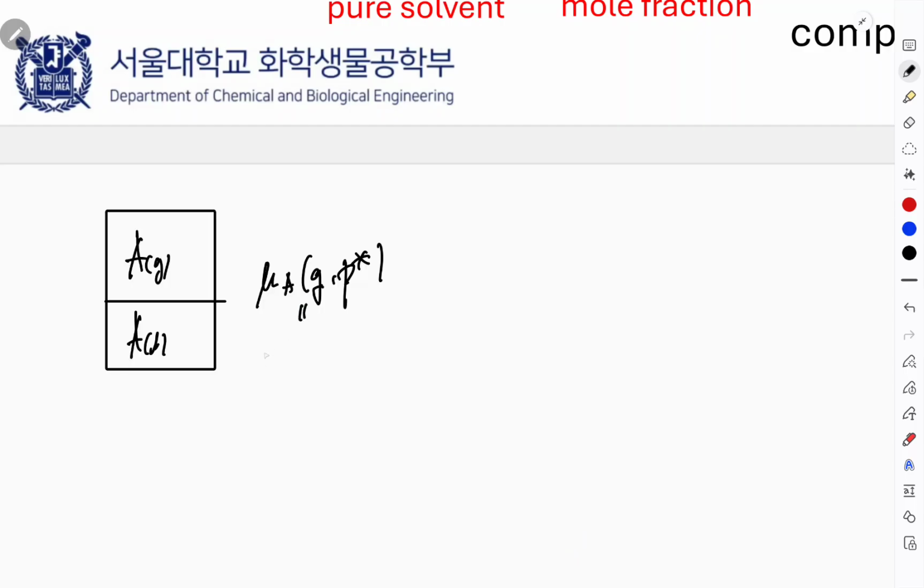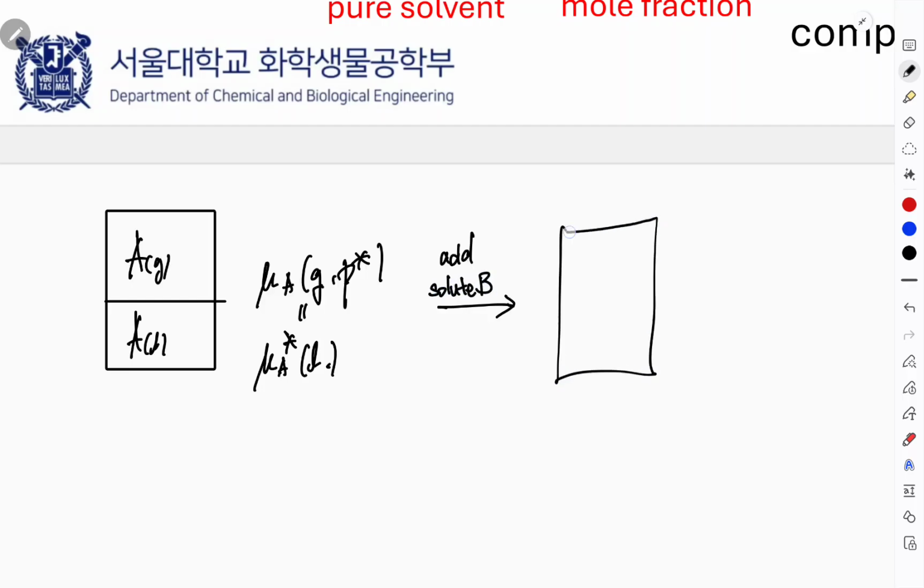But if we add the solute B here, now the system has two components, let's say a liquid mixture with B, and because of the B, there should be a gas vapor B as well.